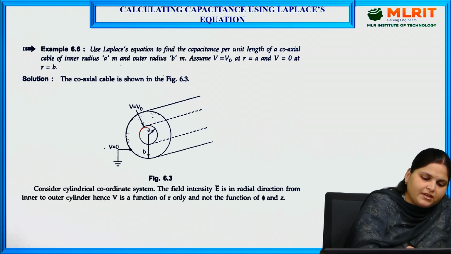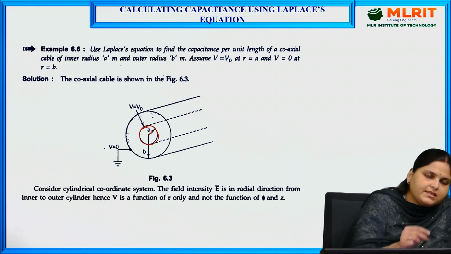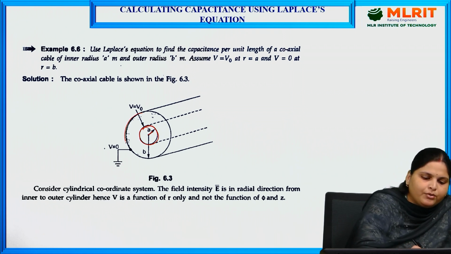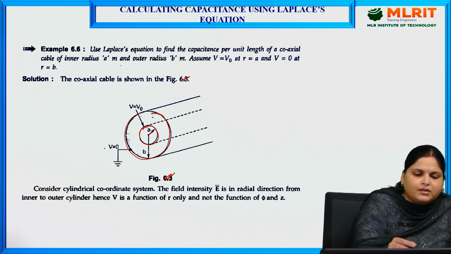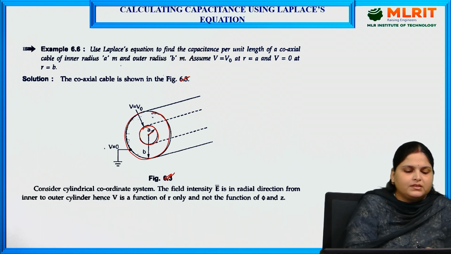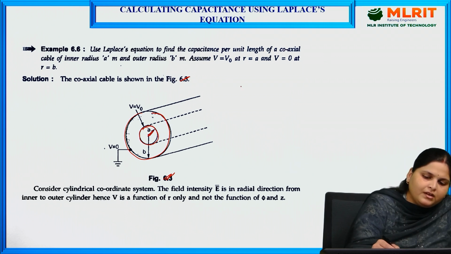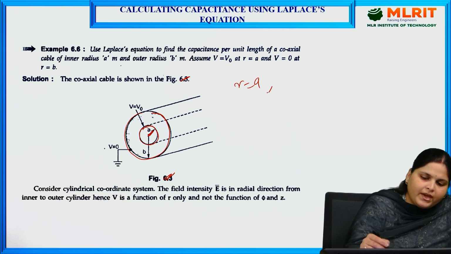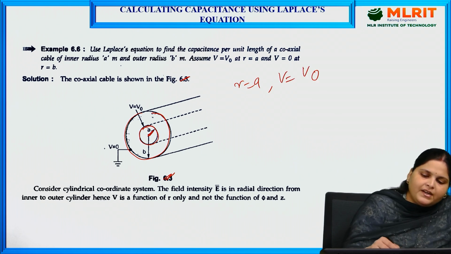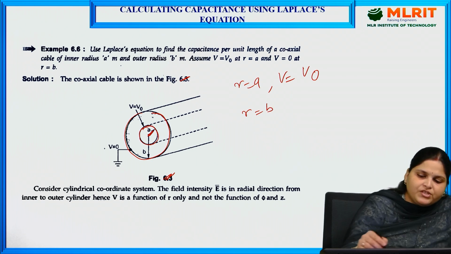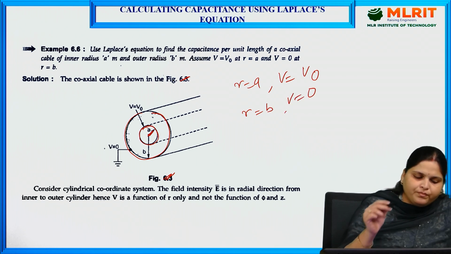One is the inner cable whose radius is A. Another one is the outer cable whose radius is B. At R equal to A, the potential on the inner cable is V0, and the potential at the outer cable whose radius is B is V equal to 0.